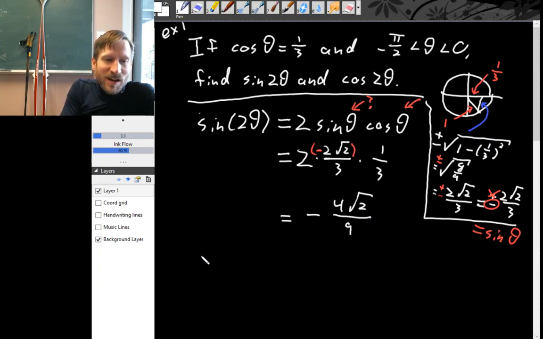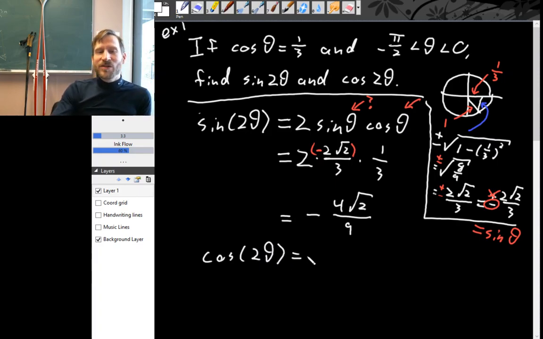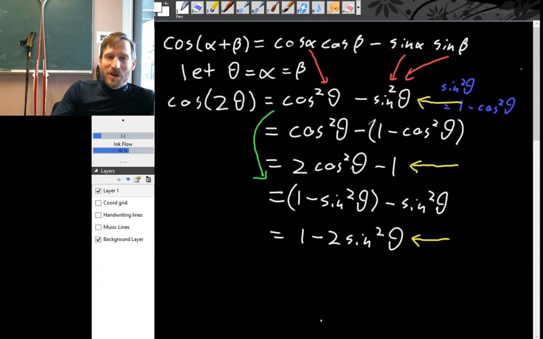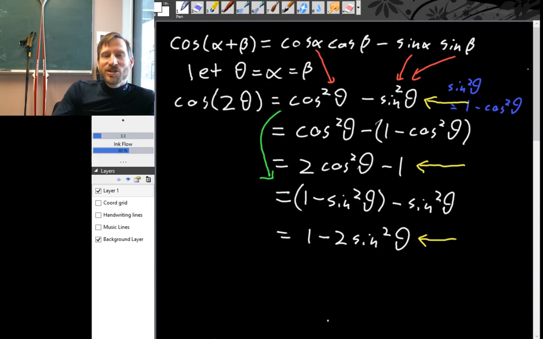Now let's find cosine of 2 theta. For cosine of 2 theta, remember we have 3 flavors of double angle identity to choose from. Let me scroll over so we can have another look at those. They're the 3 with the yellow arrows. So we can choose either to use cosine and sine, just cosine, or just sine.